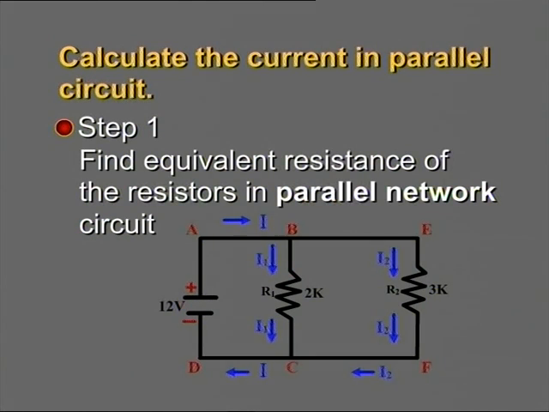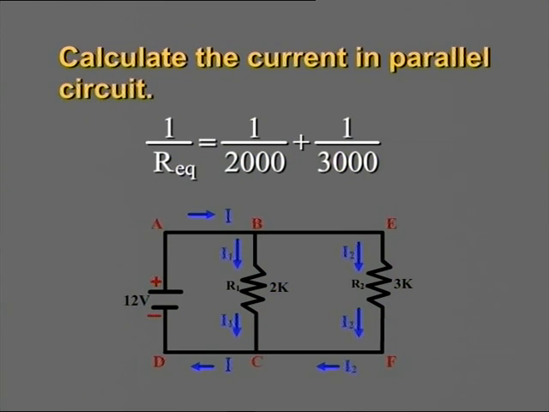Let us calculate current in a parallel circuit. Step 1. Find the equivalent resistance of the resistors in the parallel network circuit. Here R1 is equal to 2000 ohm and R2 is equal to 3000 ohm. Therefore, 1 upon R equivalent is equal to 1 upon 2000 plus 1 upon 3000.